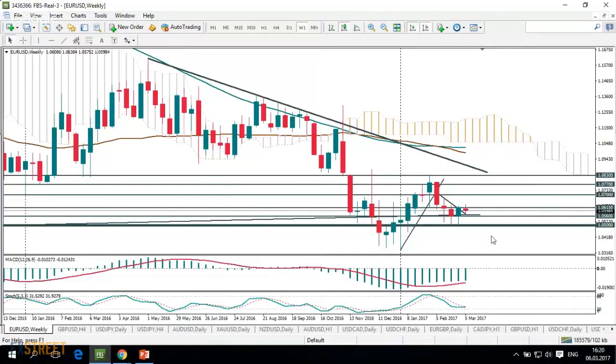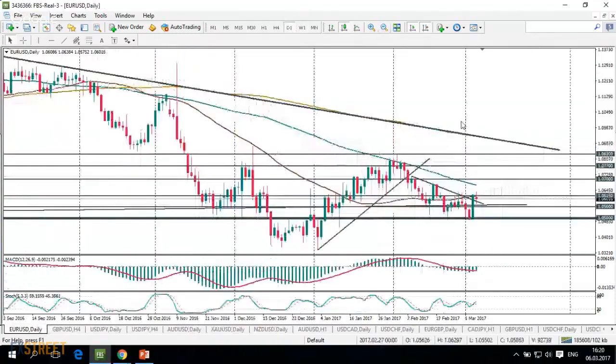There are some positive factors for the European currency, and the level of 105, where we have the minimums of February, of March, and also of December 2016, is a really hard obstacle for the bears to break. So we are now once again focused on the euro between 106.15 and 105 levels.